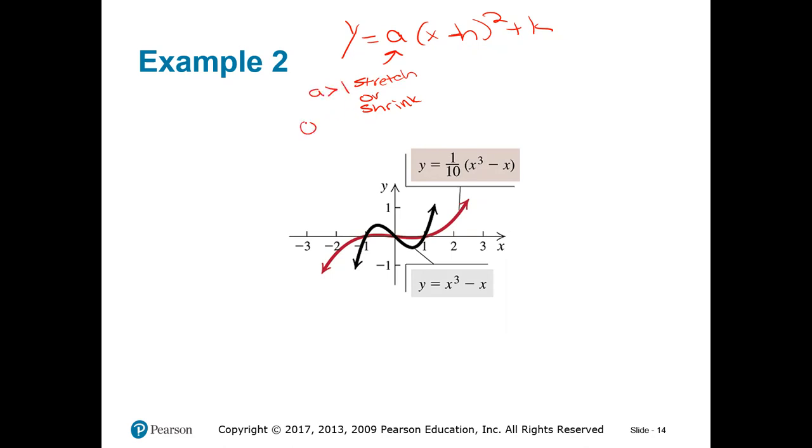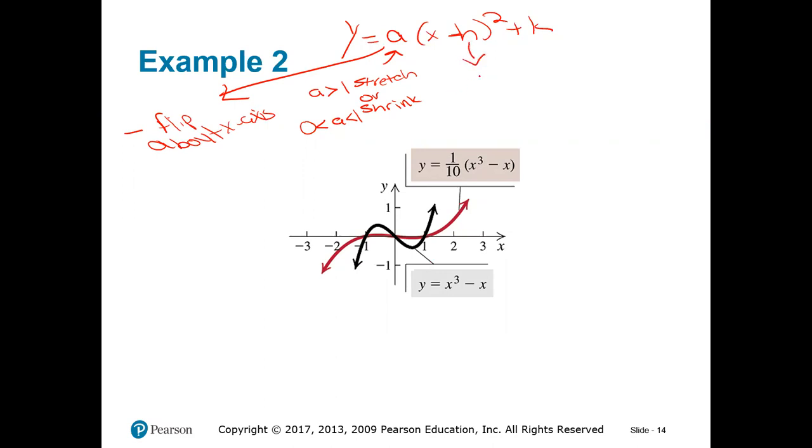It shrinks if A falls between 0 and 1. Also, something else about A, if it's negative, it flips about the x-axis. And the reason is because we got y equals that. It's x involved here, and if we switch that up, we're going to change a whole lot of other stuff. So we'll get to that one of these days.